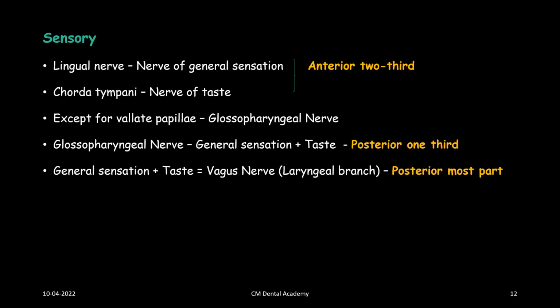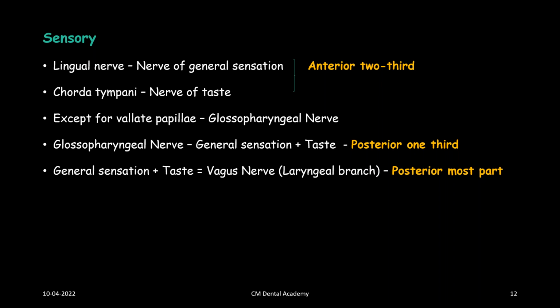The sensory supply of the tongue, we can study under the anterior 2/3 of the tongue, posterior 1/3 of the tongue, and the posterior most part. The anterior 2/3 of the tongue is innervated by the lingual nerve, which provides the general sensation to the tongue.